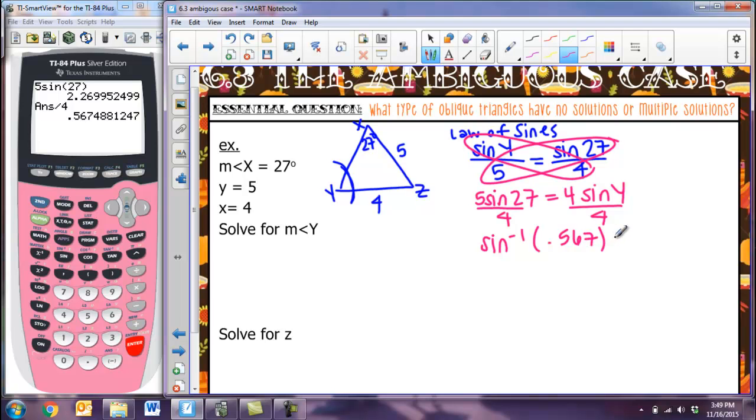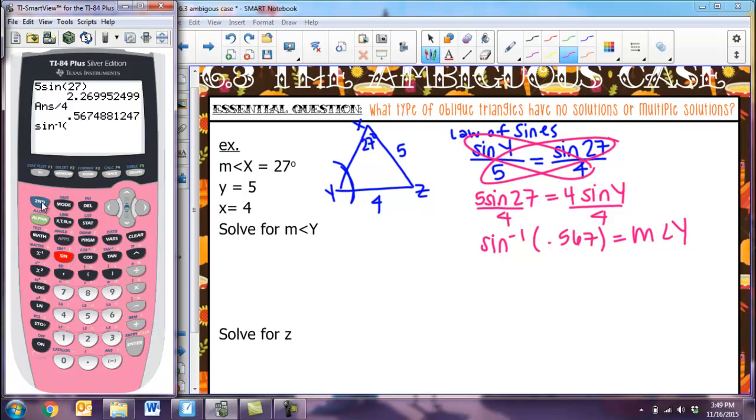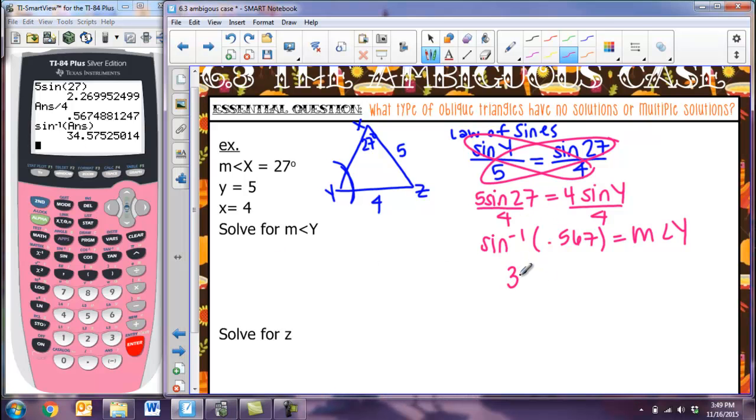But in your calculator, please, please, please try to use the answer button. So you're going to take second sine and then do second negative, and that's going to just pull that answer from before. So I find out that that angle is, if we round to the nearest whole one, 35 degrees.